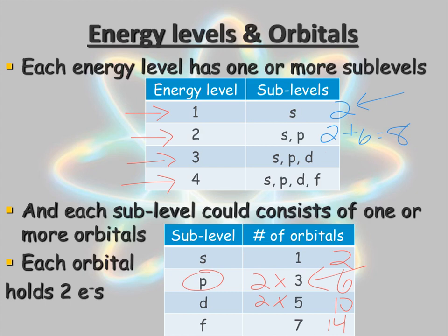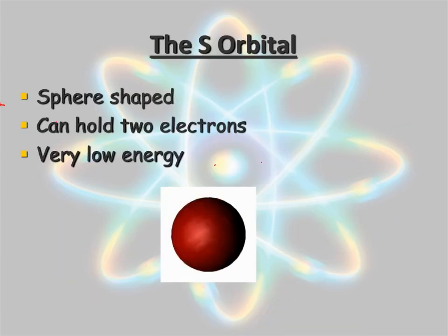It's a total of 8. So that's consistent with what Bohr said. Okay, and then if you keep going and doing this, you'll see that it's always consistent with what Bohr said. They're just further organized within the energy levels into these little orbitals. Okay, so let's look at the shape of the orbitals and talk about their energies.